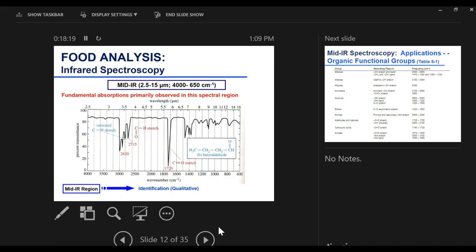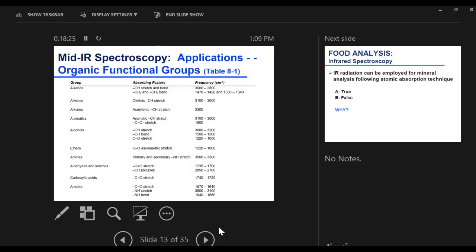So in different compounds, you have different functional groups, and each absorbs at a different frequency or wave number. So you have the alkanes, for example, measuring the CH stretch and bend, or the methyl, the CH2 or the CH3 bending.